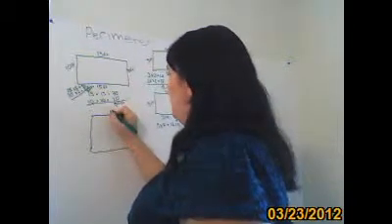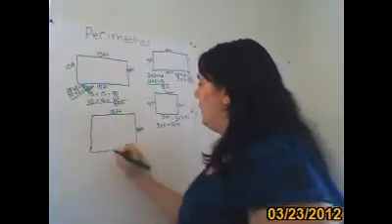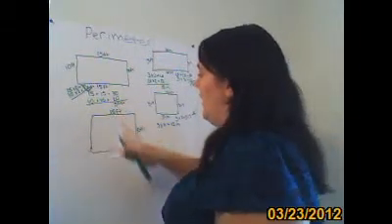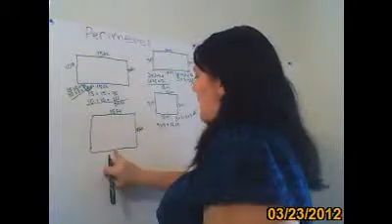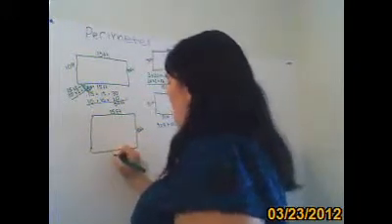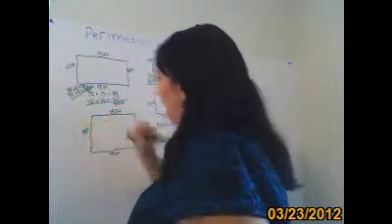So if it's 15 feet wide and 15 feet long, then because it's a square, this side, or this side, and this side and this side will all have the same length. So 15 feet here and 15 feet here.